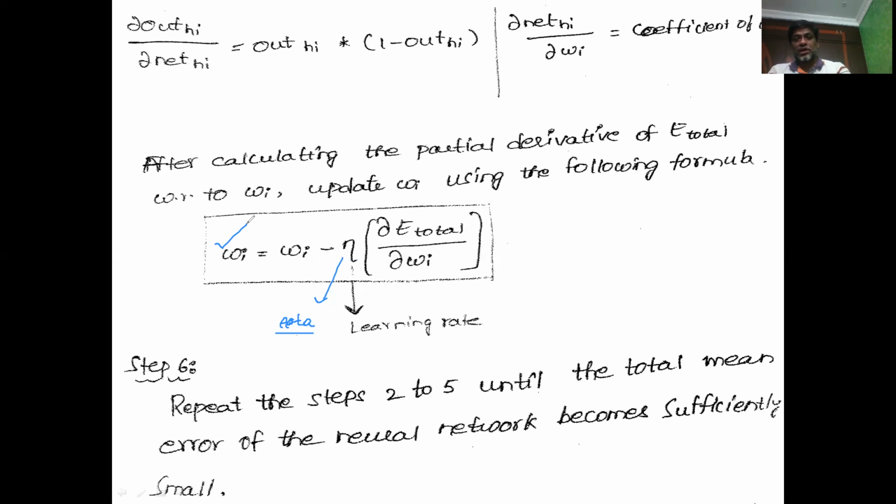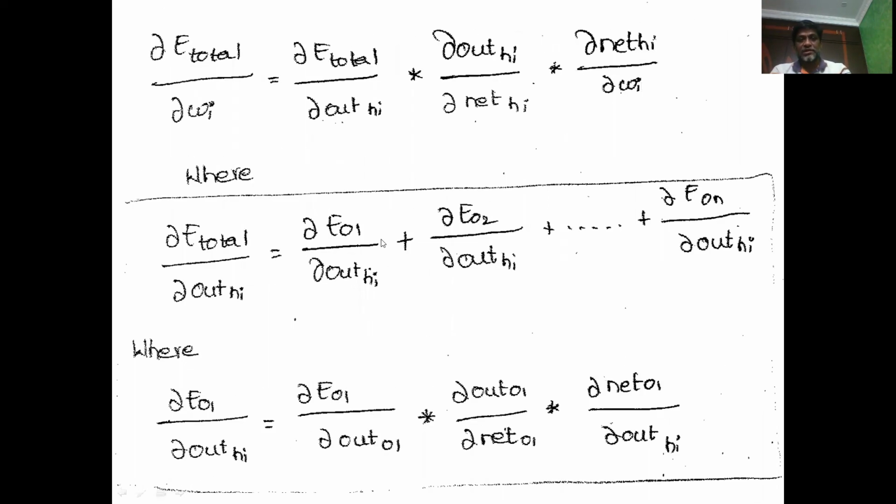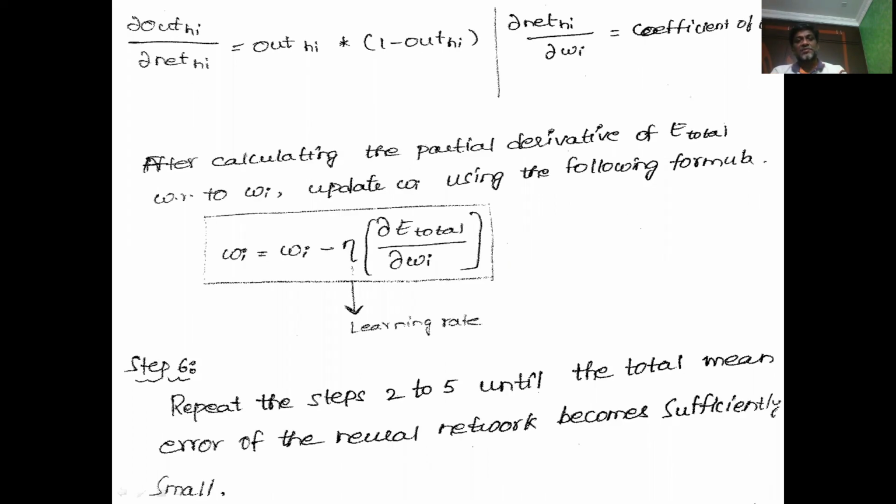As we saw in the previous slides, it is a bit difficult compared to calculating for output neurons. So this is the formula: ∂E_O1/∂out_Hi plus ∂E_O2/∂out_Hi and so on. Because of this extra calculation, the hidden neuron calculations become tough compared to output neurons. Except for that, everything else is going to be the same.